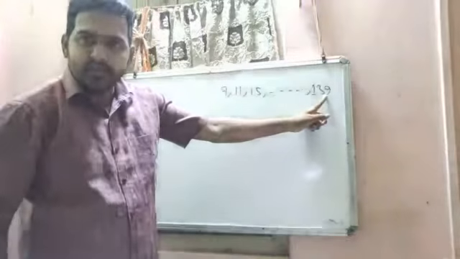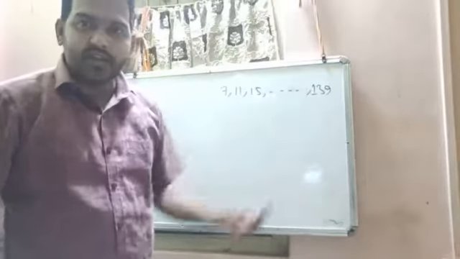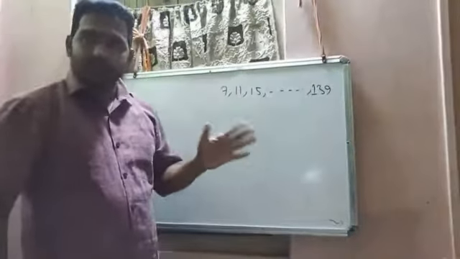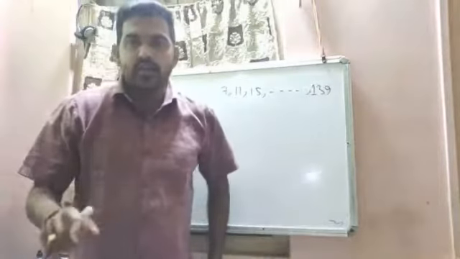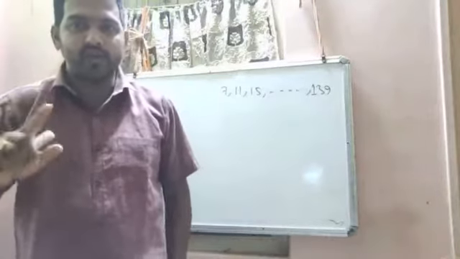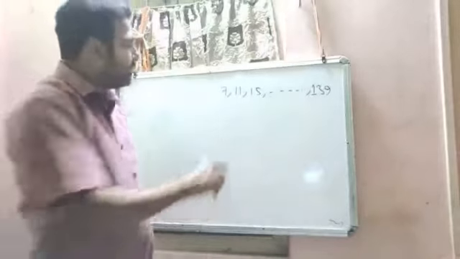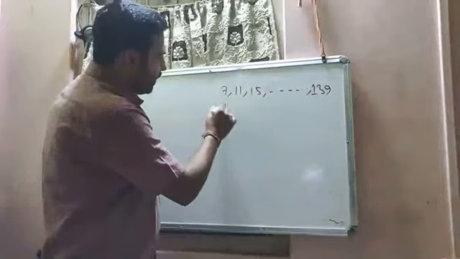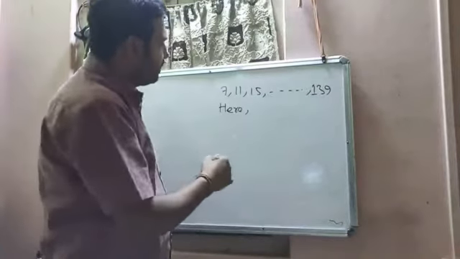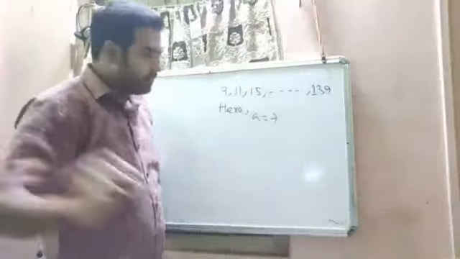The last term is, that means the nth term is 139. The first term is 7. Okay. So using the formula again, Tn is equal to A plus n minus 1 into D. We are going to find how many terms are lying between 7 and 139. So let's find out. Here A is equal to 7. Okay, no problem is there.